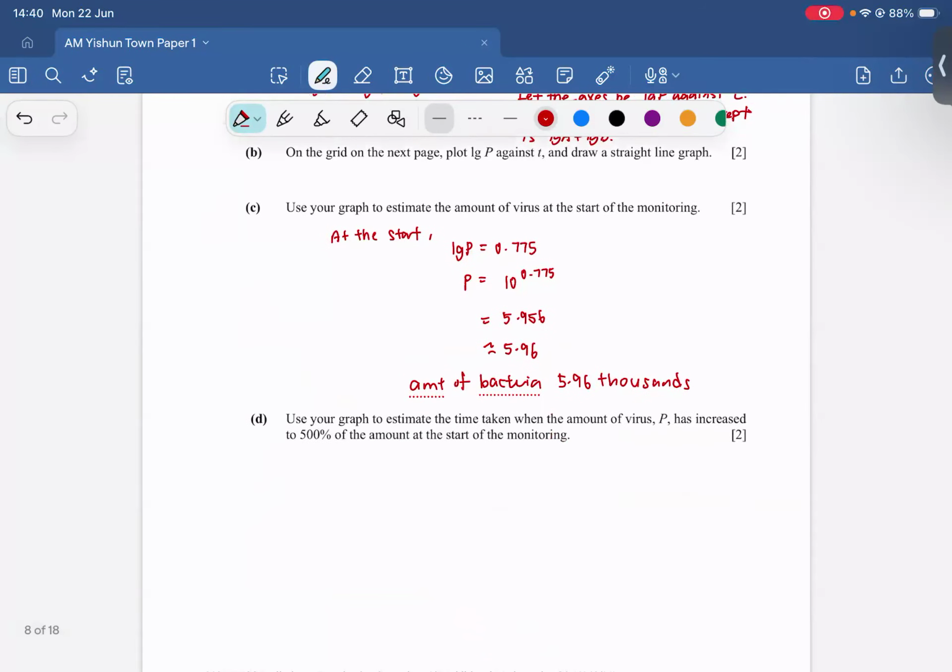Use your graph to estimate the time taken when the amount of virus has increased to 500% of the start. So, 100% is our 5.9566, so 500% times 5.9566.